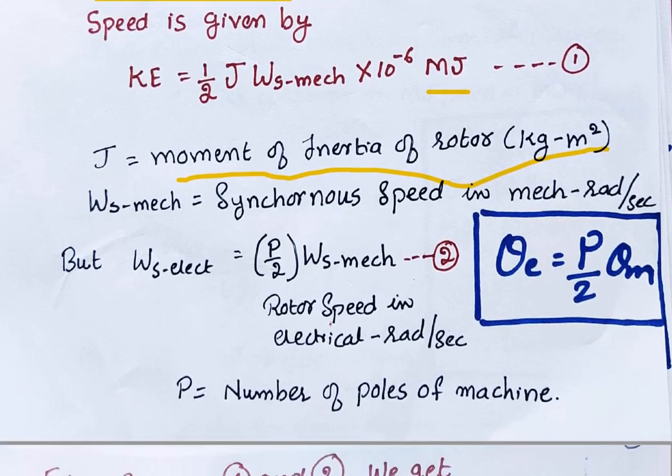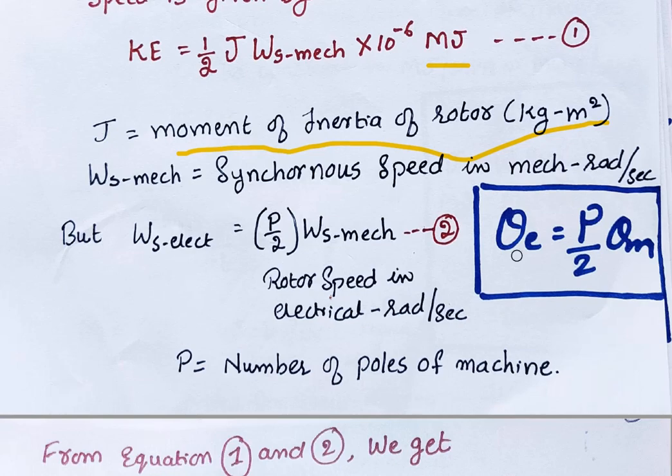So how do we convert this into electrical? We have studied the basic equation theta E equals P by 2 into theta M, where theta M is mechanical degree, theta E is electrical degree, and P is the number of poles.